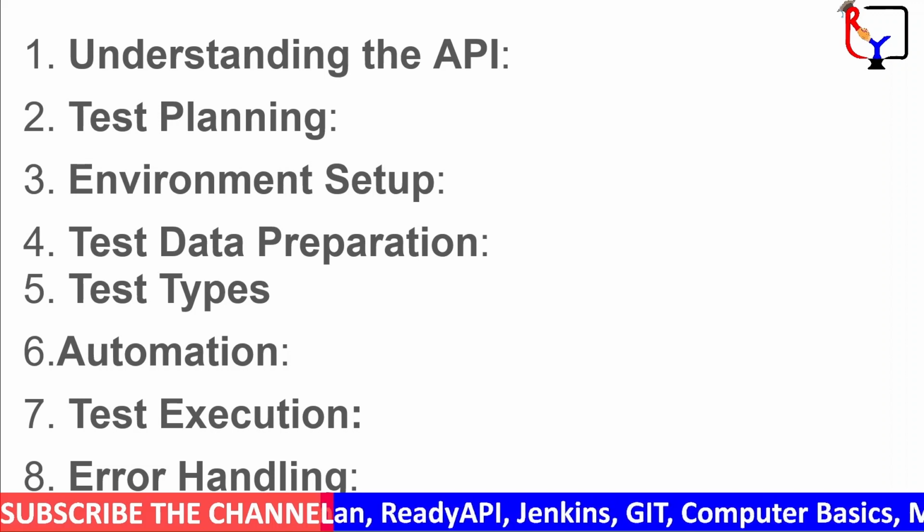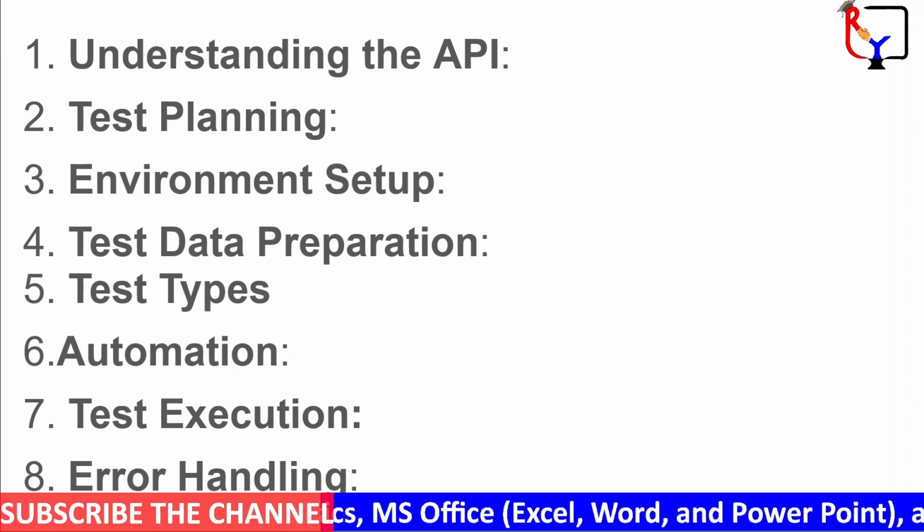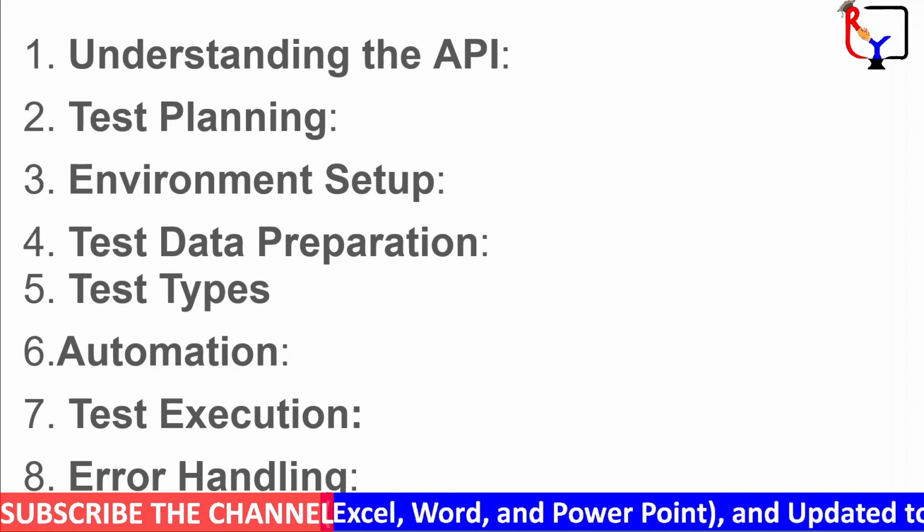Performance testing evaluates the behavior of the API under different loads or user counts. Security testing tests the authentication and authorization of the API.